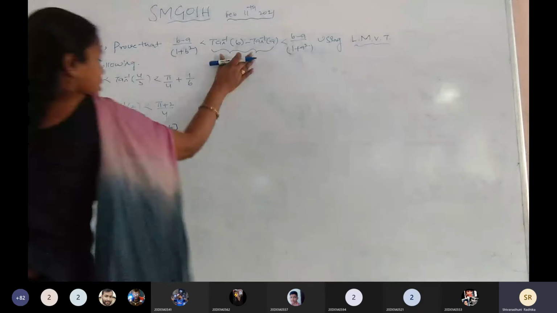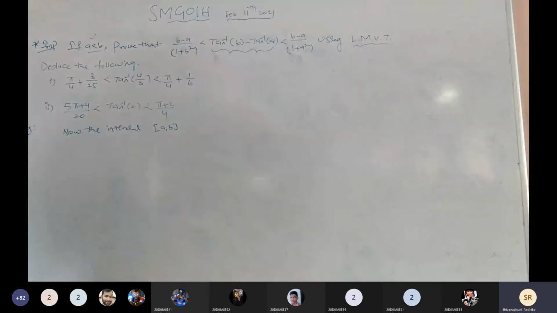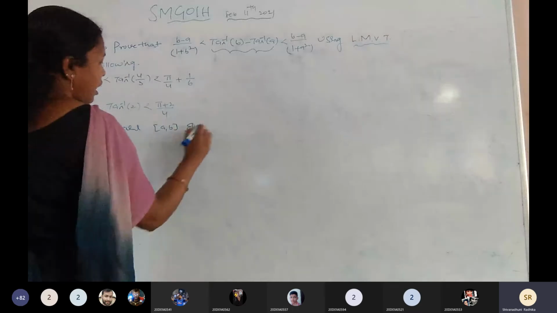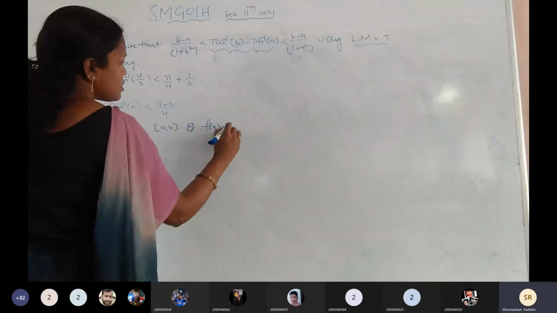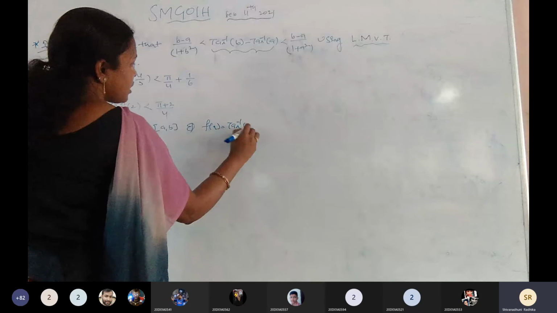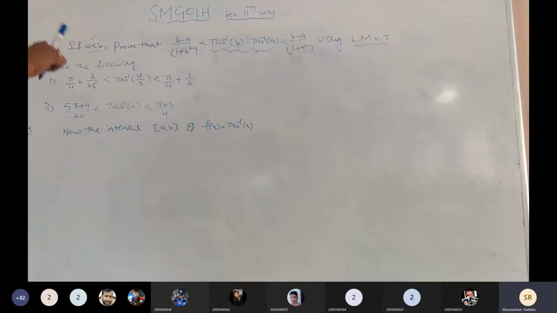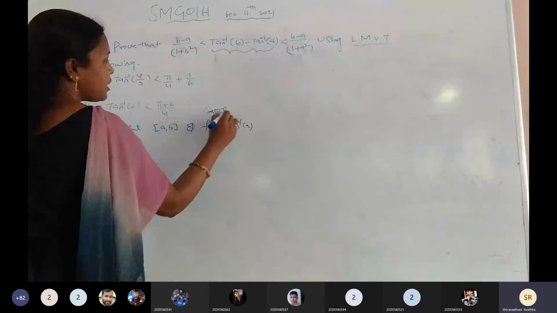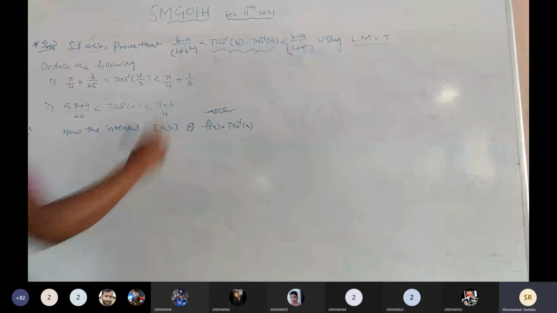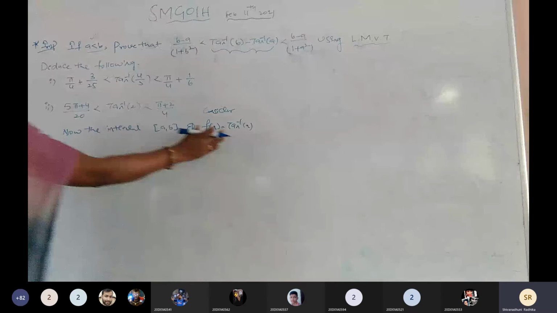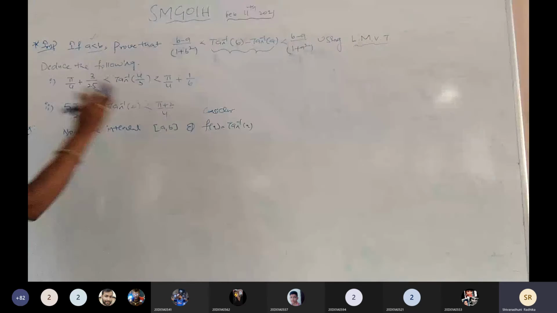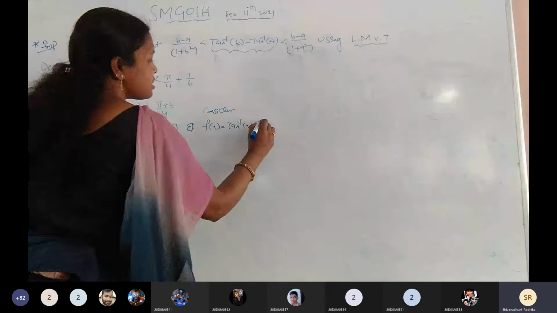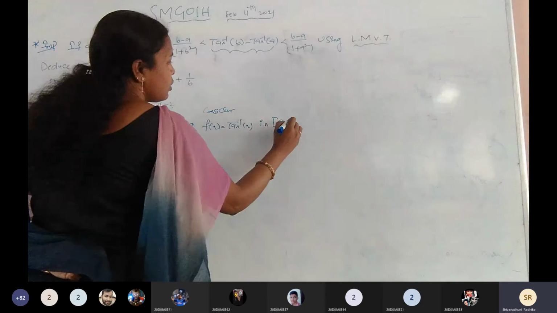What is the function here? f of x equals tan inverse of x, since we have tan inverse of B minus tan inverse of A. So consider the function f of x equals tan inverse of x, defined in the closed interval A comma B.